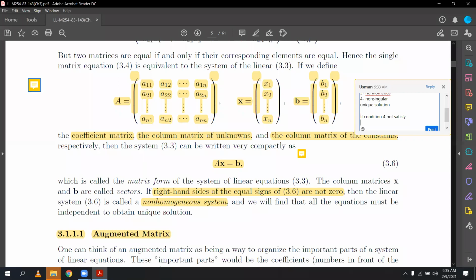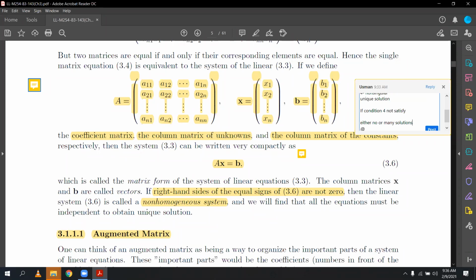Yes, if condition 4 is not satisfied, we never have a unique solution. And when we never have a unique solution, what does that mean? We have either no or many solutions. This point, please, you have to remember. Wallah, chapter number 3 is nothing, only this condition you can have here.